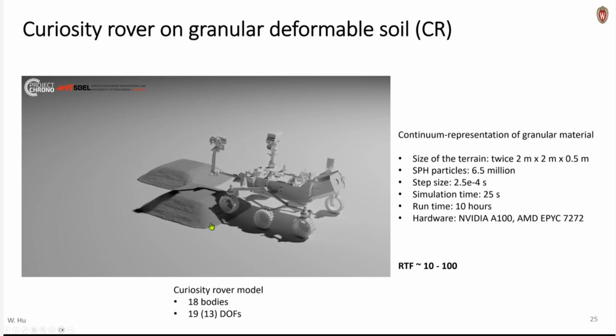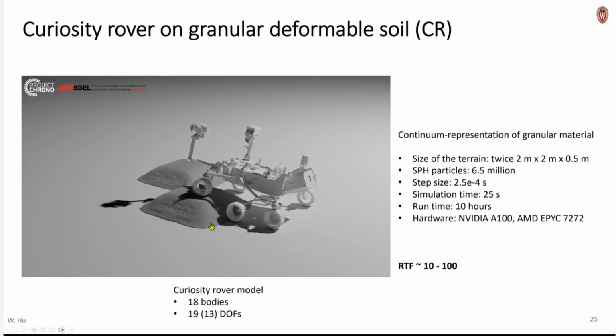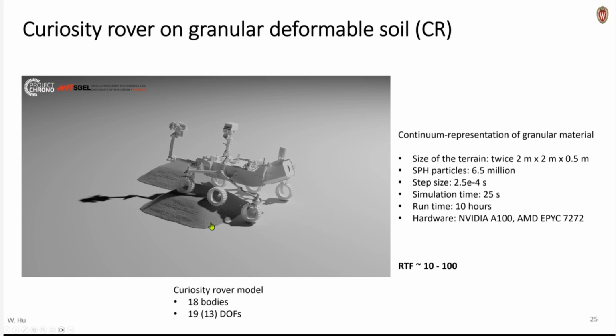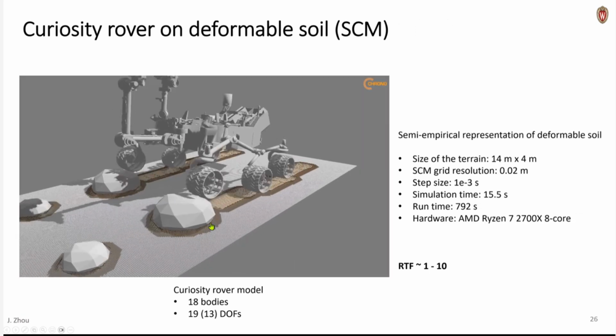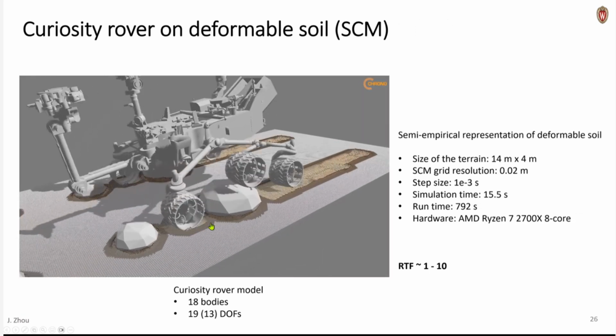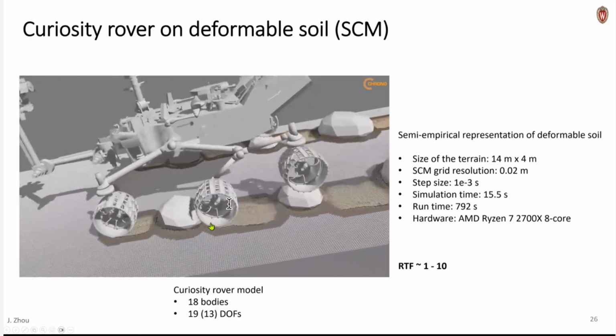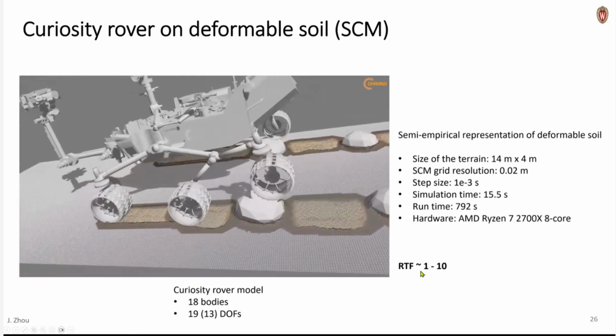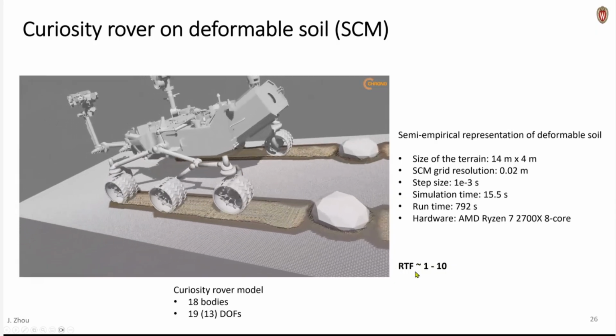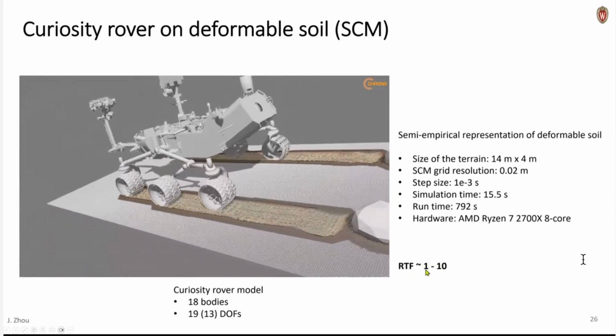Now, sometimes you actually want to do this in real time. And for that one, we have another approach, the so-called soil contact model, which is a semi-empirical model of this one. And this can run at real time for relatively simple vehicles. That RTF of 1 means real time. 1 second in the real time can be done in less than a second on the computer.